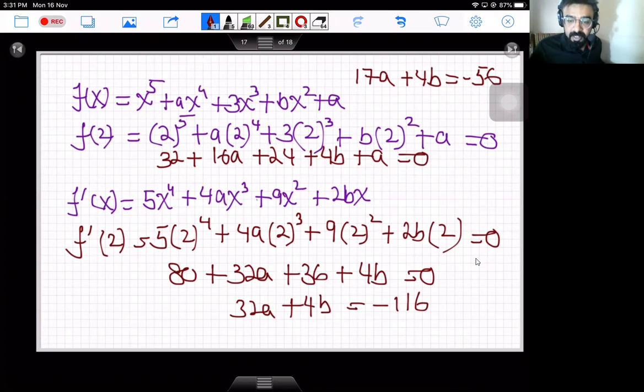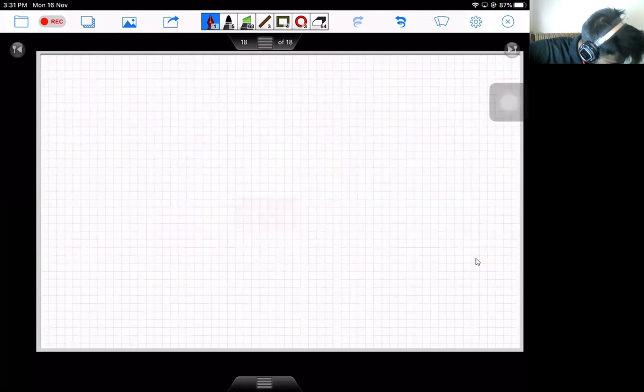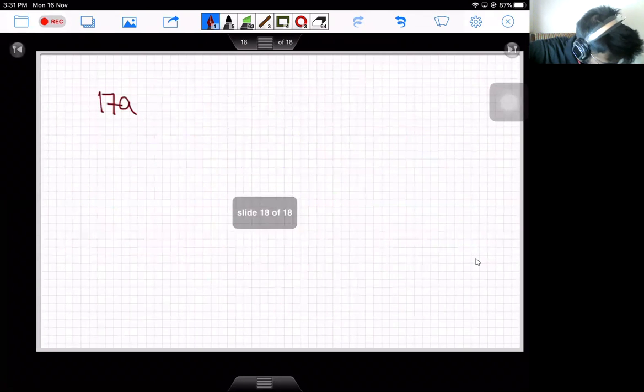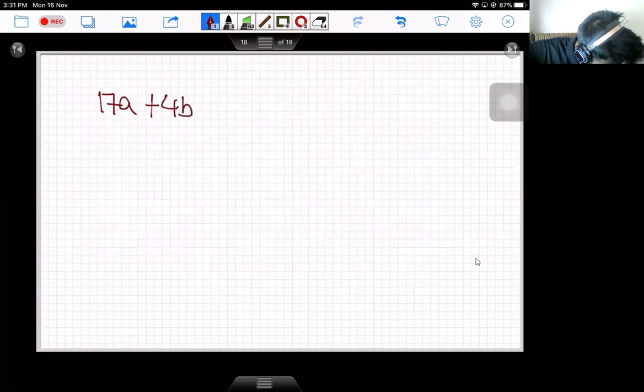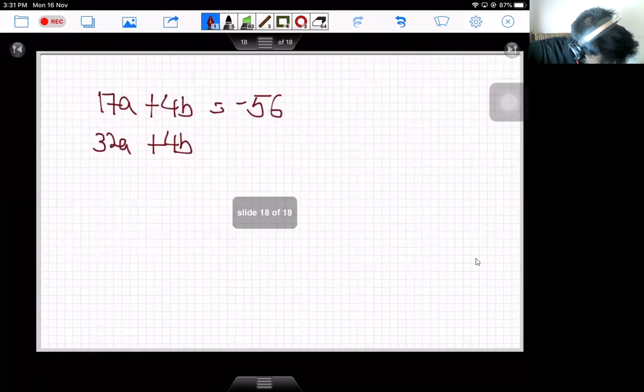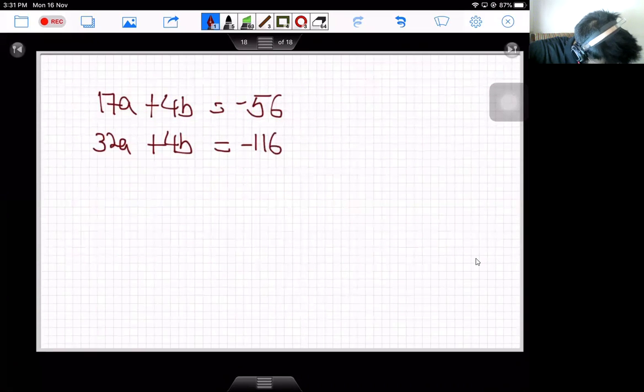Now you can solve them simultaneously either by elimination method or substitution method, but one of the simplest approaches is to use the elimination method, because as you can see that the coefficients of b are same, so therefore you can use the elimination method very easily. 17a plus 4b is equal to minus 56, and 32a plus 4b is equal to minus 116.